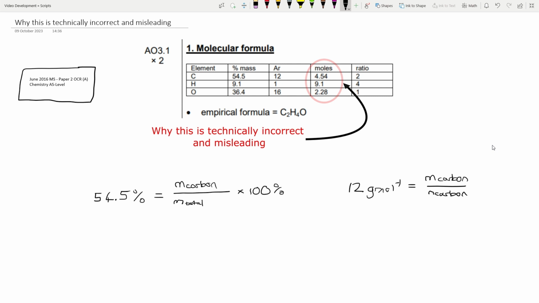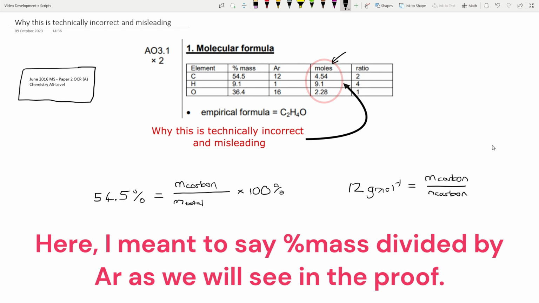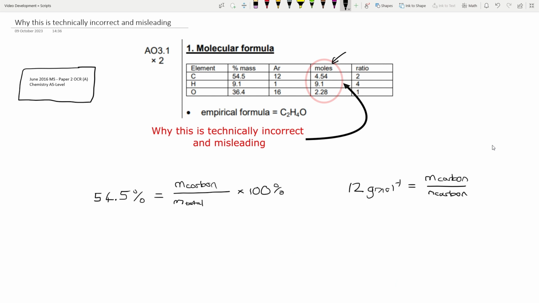Now, this column of the table is usually worked out by dividing the percentage mass by the atomic mass of carbon. So if we do 54.5% divided by 12, we get M carbon over M total times 100% divided by M carbon over N carbon.